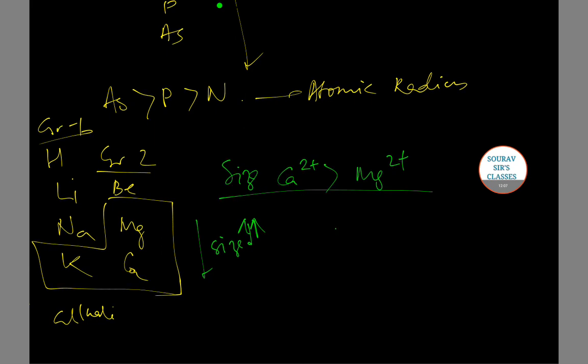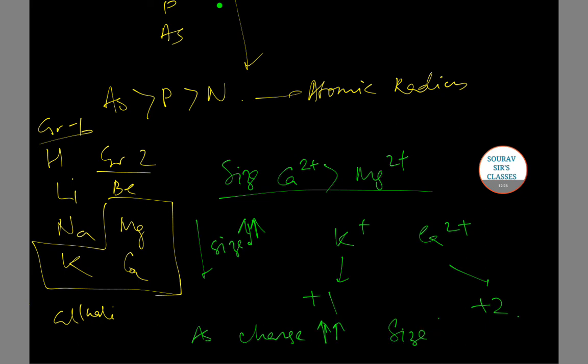Also, now potassium plus and Ca2 plus: this has plus 1 charge, this has plus 2 charge, and we know that as charge increases the size decreases, and since they belong to the same period, the size of K plus will be greater than that of Ca2 plus because this has plus 2 and this has plus 1.